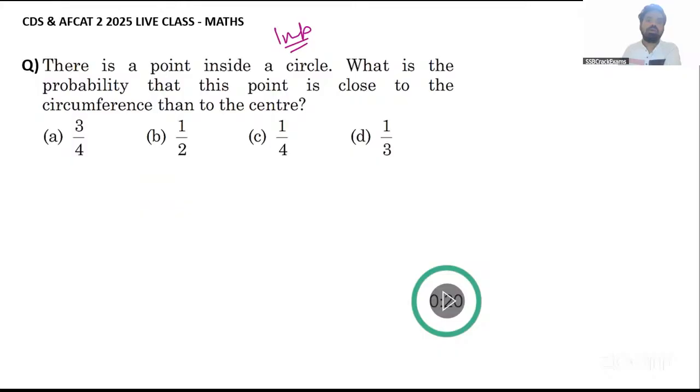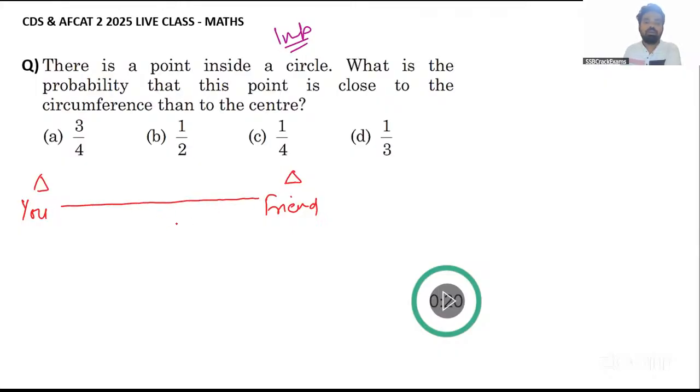So for solving this question, I need to ask one thing. Suppose this is you and this is your friend. This is your house and this is your friend's house.